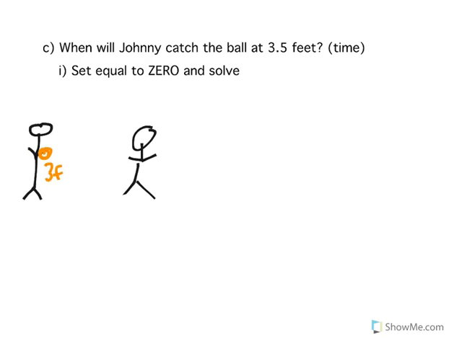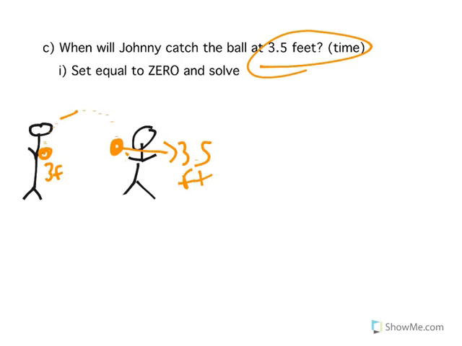And now we're throwing it in this shape. And we're trying to figure out when is it going to be that height, and that height would be 3.5 feet. So we want to know, when is it going to reach 3.5 feet?